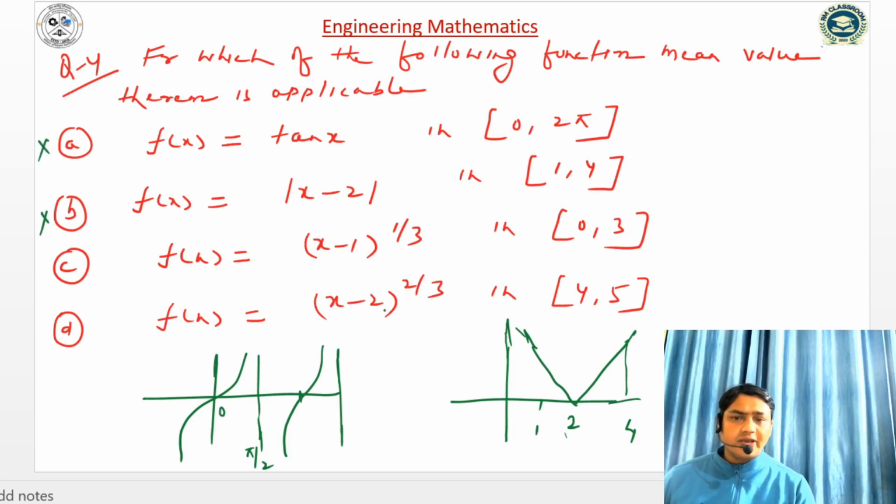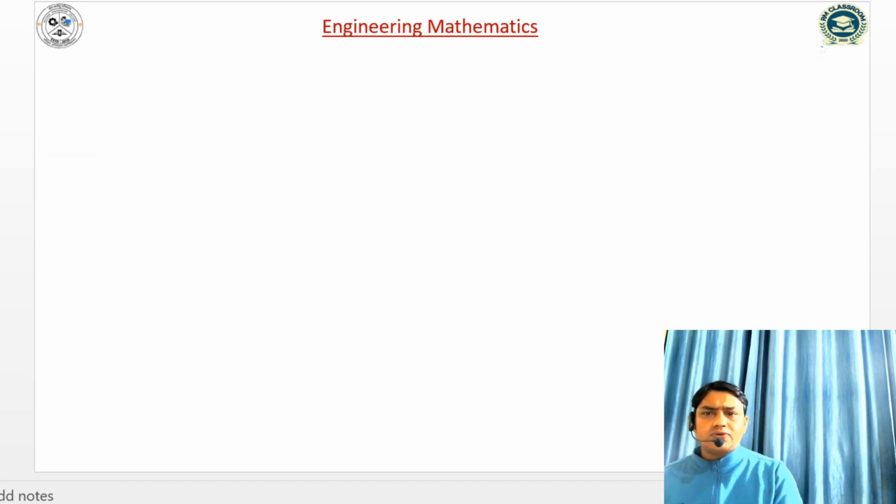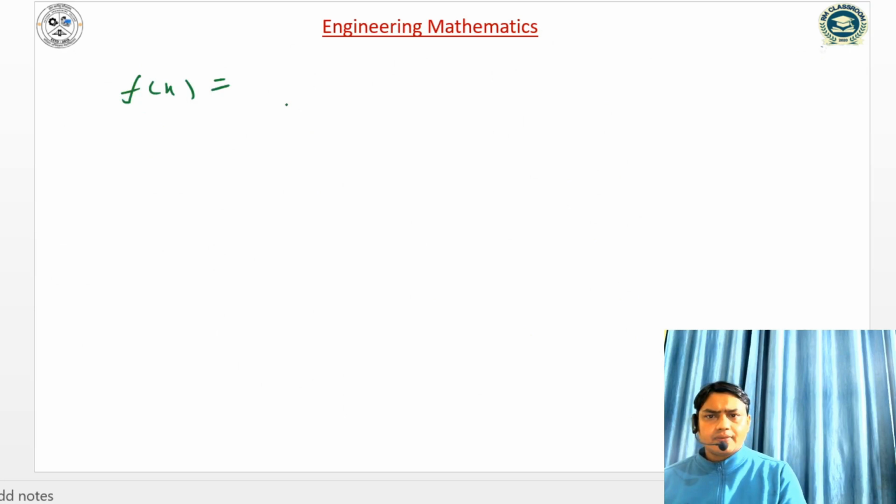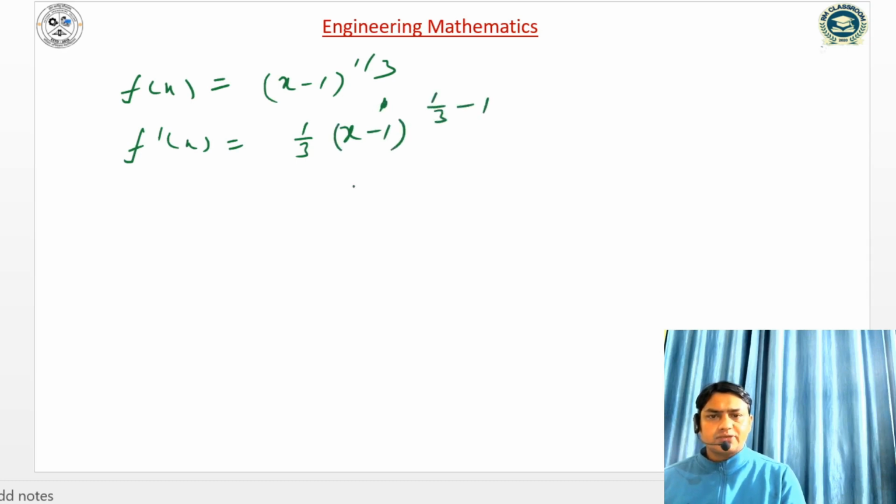Here f x is equal to x minus 1 to the power 1 by 3. If I compute f dash x, it will be 1 by 3 into x minus 1 to the power 1 by 3 minus 1.